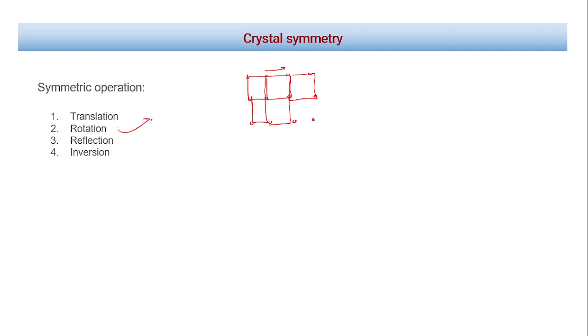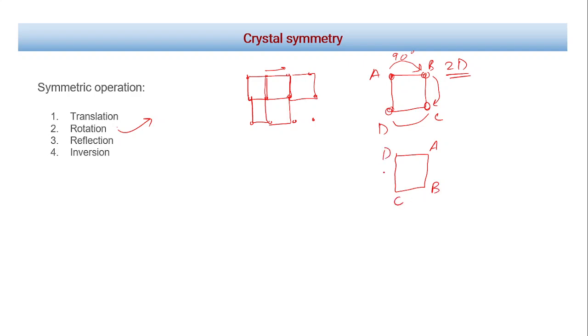Now, what is rotation symmetry here? Take one in 2D, I'm talking about right now. Let's say corner atoms are there. If I rotate it by 90 degrees, let's say it was A, B, C, D. After I rotate it by 90 degrees clockwise, A will come here, B will come here, C will come here, D will come here.